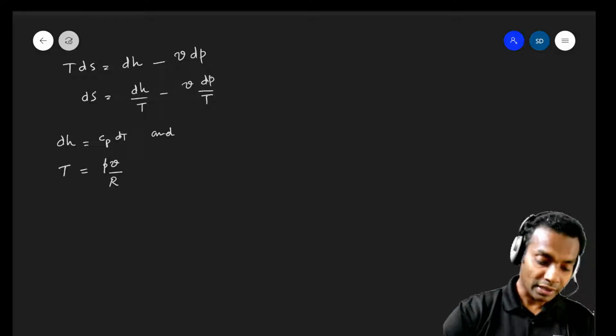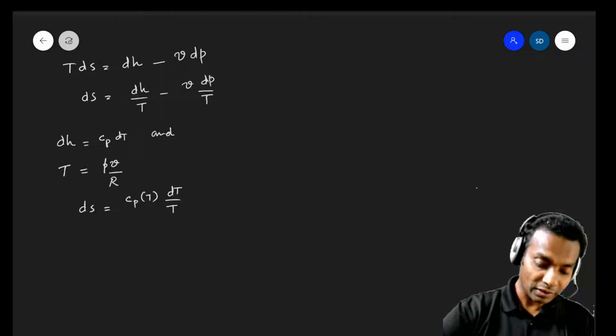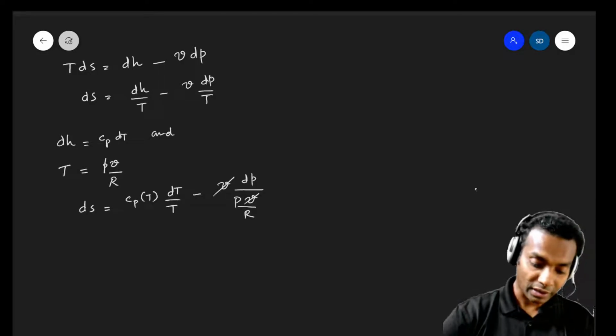Then ds is equal to cp, that's also a function of T, dT over T minus v dP. Instead of T, I can put PV over R. Now v cancels, and then R comes up top.